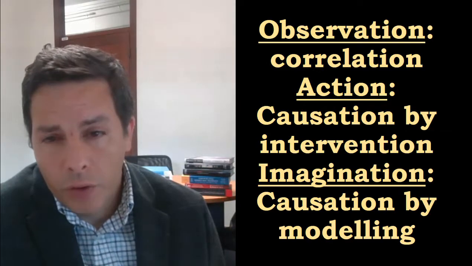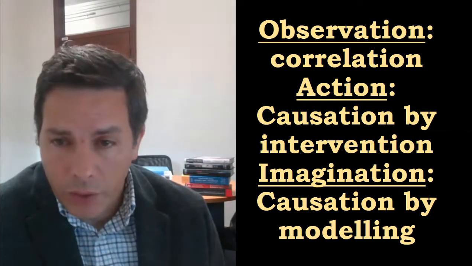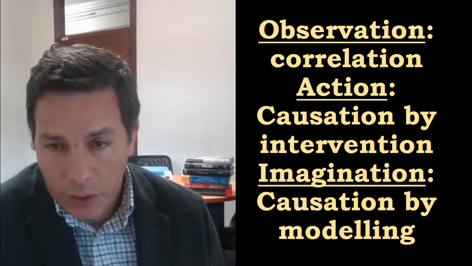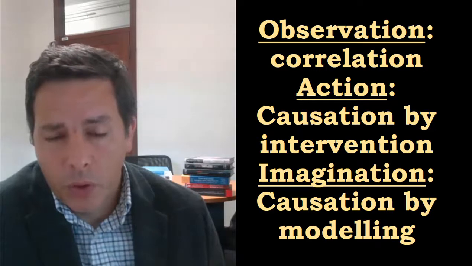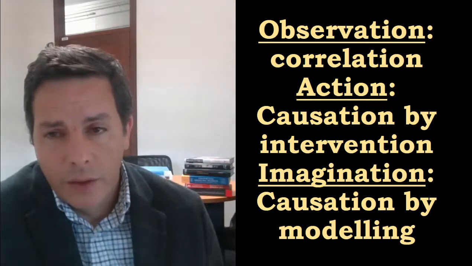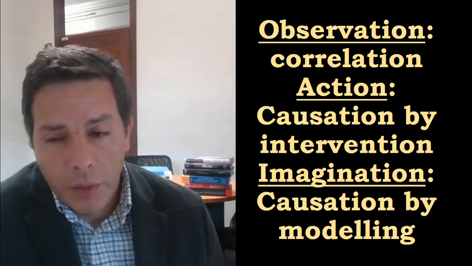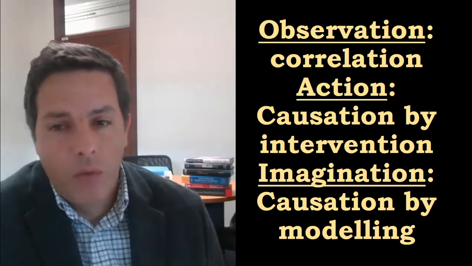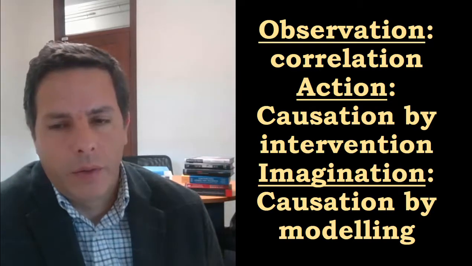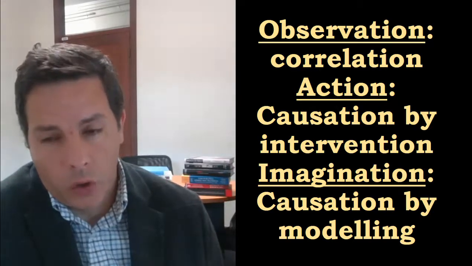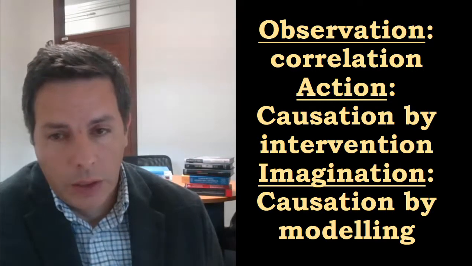So we need a control group in which we don't give the medication and we observe the effect. So if there is a difference in the effect of the experimental group in which we applied the medication versus the group that we didn't apply the medication, then we can determine that the medication caused the reduction in anxiety.